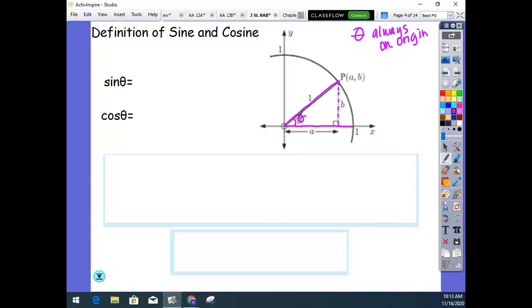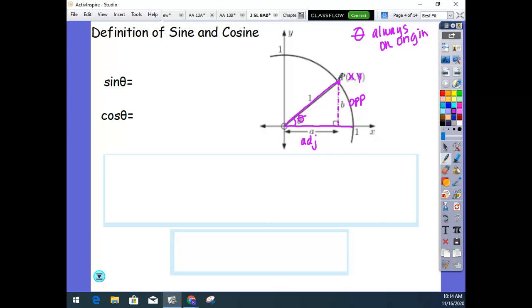And if it's always this particular angle, this side over here is my opposite. And this side right here is always my adjacent. Well, rather than A and B, I want you to think in terms of X and Y. We're going to go over the X, come up the Y, and that's where I land on the unit circle.